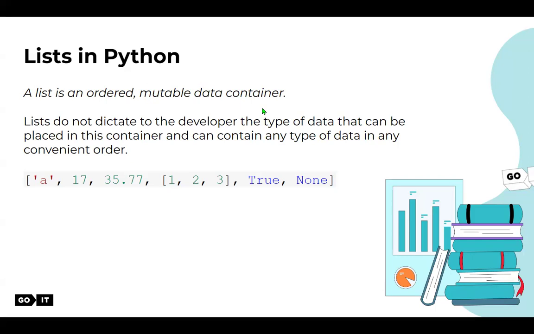As you can see on the screen, it contains a string, integer, float, and then integers within another list, True, which represents your bool, and None. Again, that means there's no value. All of this will be in the Google Colab notebook that I made with examples, so you can refer to it there.